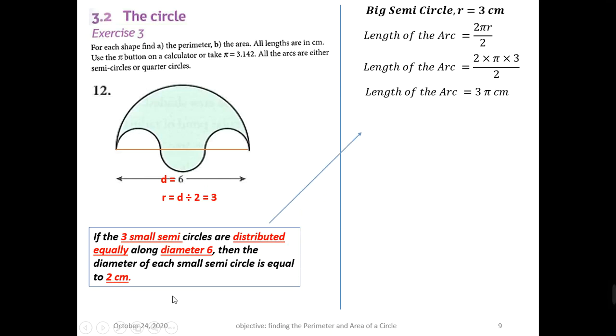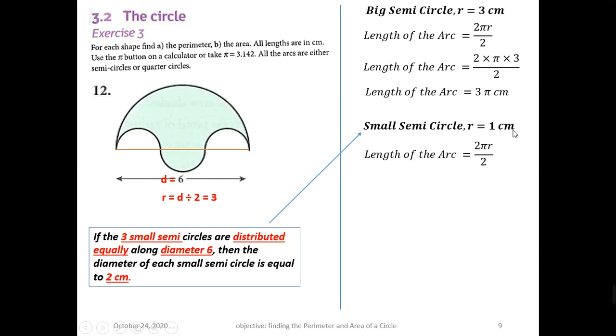Based on this fact, we're going to calculate the length of the arc for the small semicircle, where the radius is equal to 1 centimeter. The 2 centimeters represent the diameter of the small semicircle, so the radius is equal to 1 centimeter.